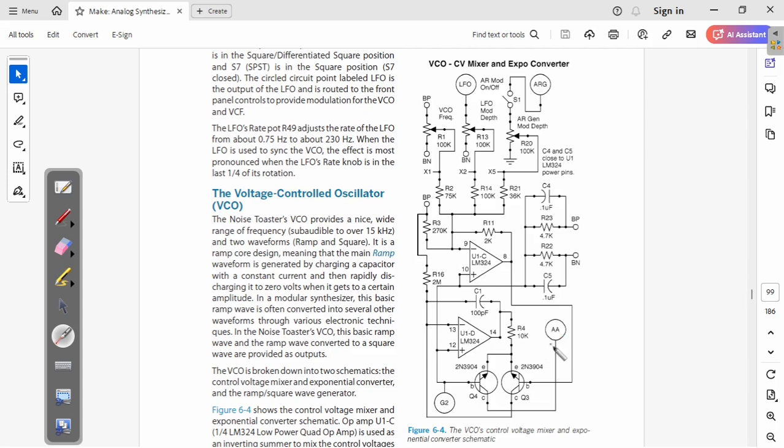So that's the output current. And that output current is going to go into a ramp kind of setup, so that it can generate a triangular wave, and the frequency of that waveform is going to depend on the current.